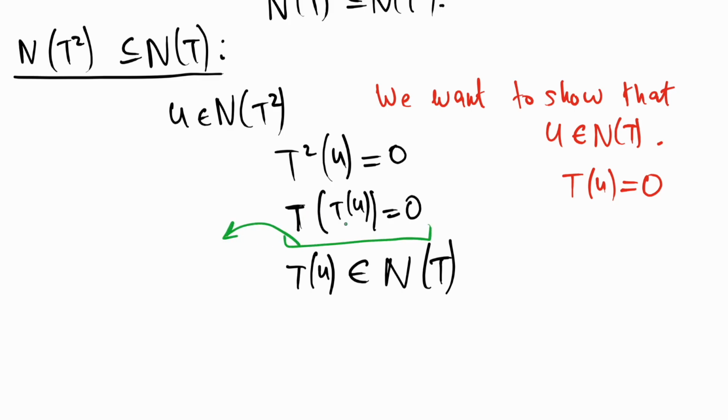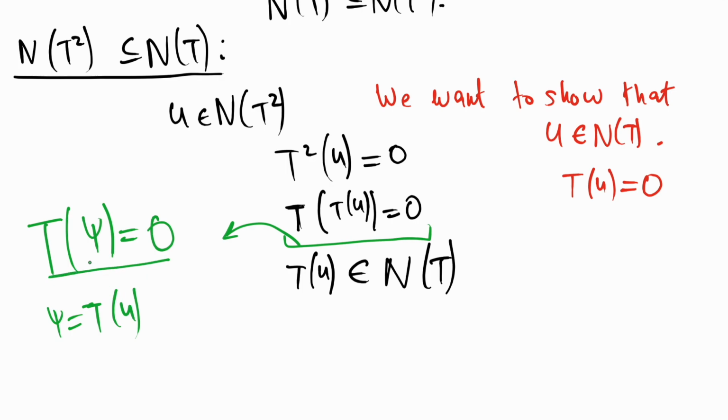Think about what this entire expression really is. This is T of some element. We call this element, let's give it some fancy name, xi, and T of xi is equal to 0. Now let xi be equal to T of U. It's easier to see why T of U is in the null space of T when, instead of T of U, we write something like xi.